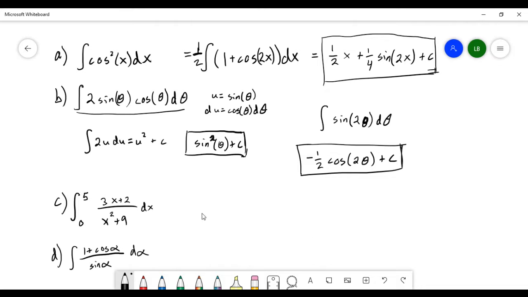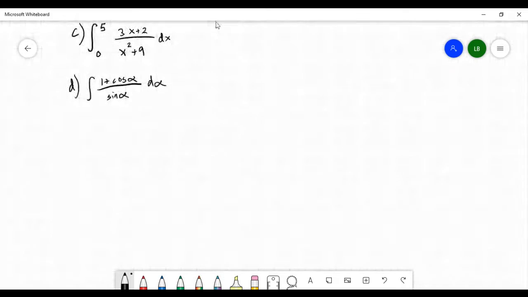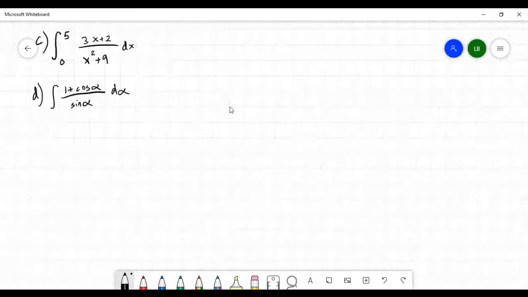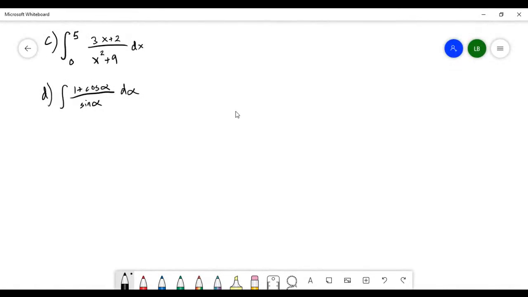If we move on to part C, here we have the integral from 0 to 5 of 3x plus 2 over x squared plus 9. When I look at a problem like this, I think, well, I could let my u be my denominator, and then I would have a 3x as the numerator.